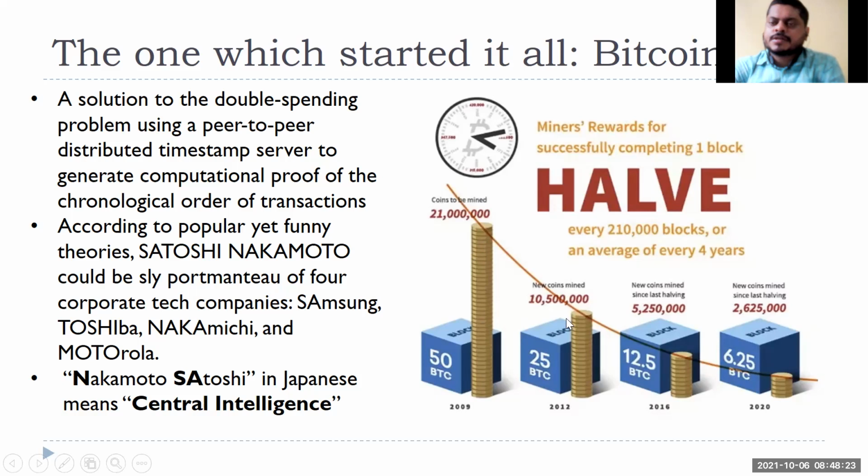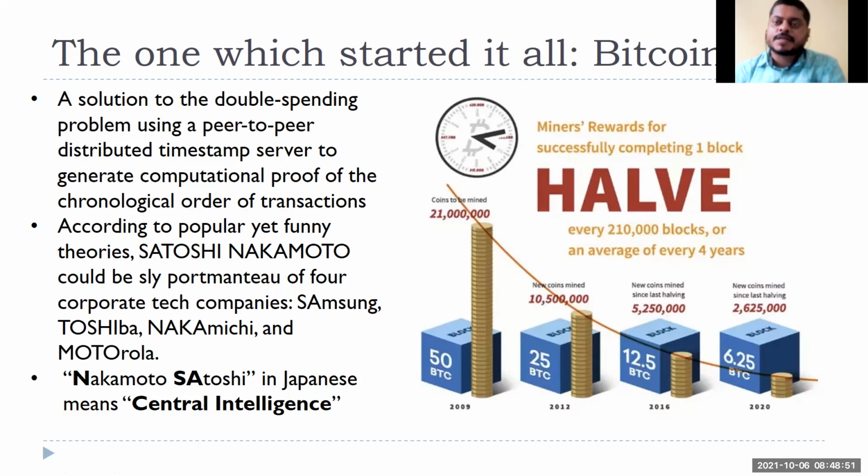Each time interval has been defined as 4 years, and some amount of new bitcoins is generated in each. I'm just talking about the Bitcoin part. Surprisingly, in 2009 somebody thought that at a certain point of time the valuation will increase, so they gradually started reducing.